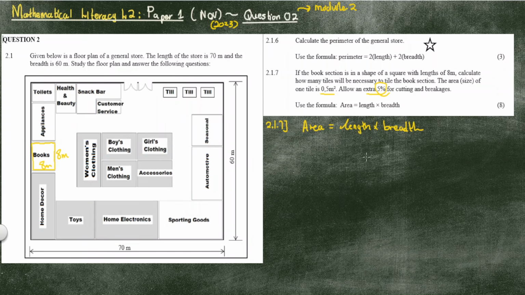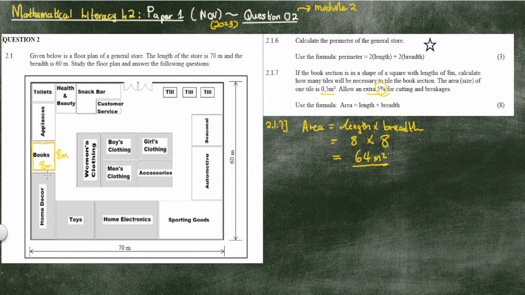So we're going to start off by calculating the area for the floor of the bookshop. Since it's a square, the length and the breadth are the same. So 8 times 8, 64. Yeah, 64. We have 64 square meters. So this is the total area for the bookshop.